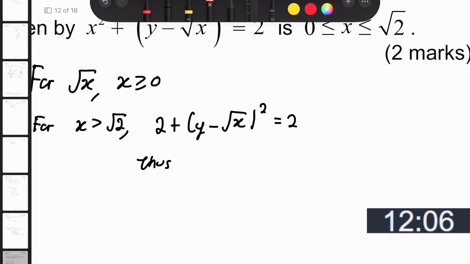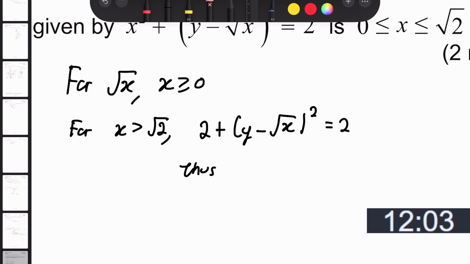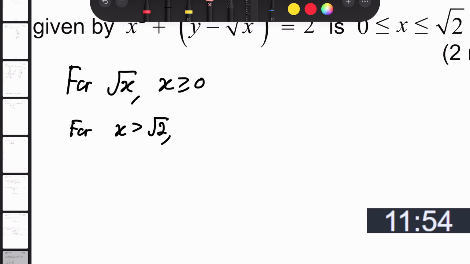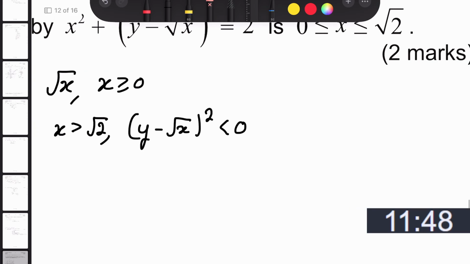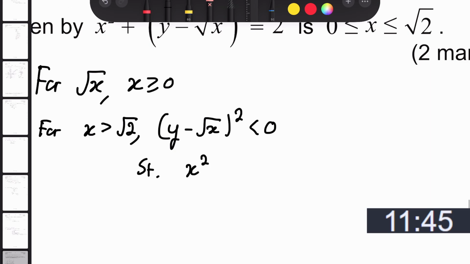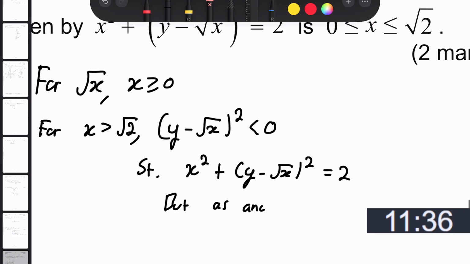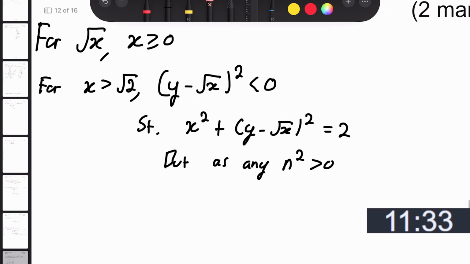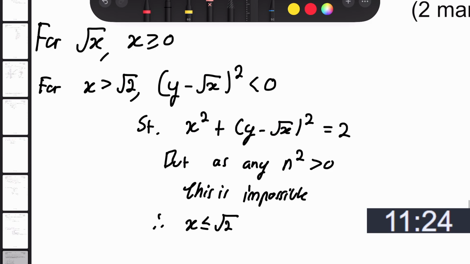Thus y minus square root of x squared has to be less than 0, such that x squared plus y minus square root of x squared equals 2. But is any square to be less than 0? This is impossible. Therefore, x has to be less than or equal to square root of 2.